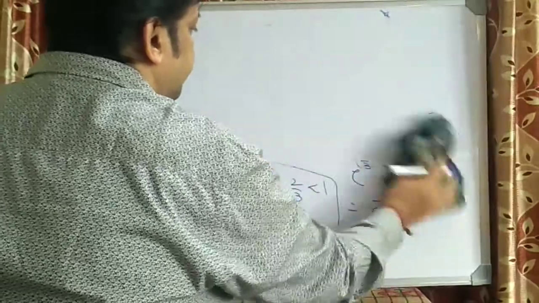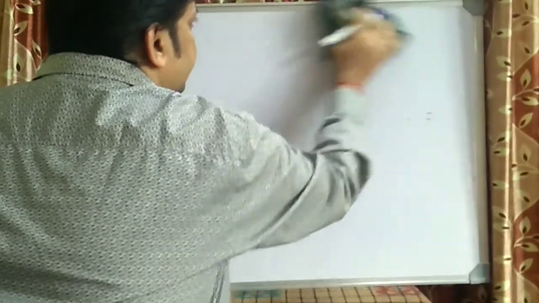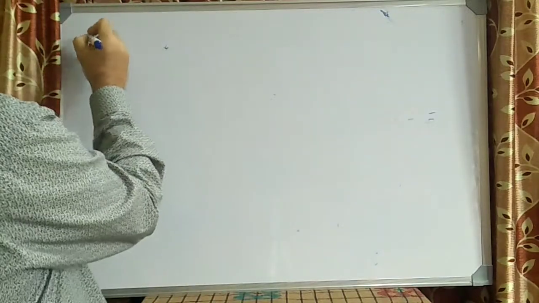Now I go to the next model, which is limits at infinity. So in other case, limit f of x by g of x.